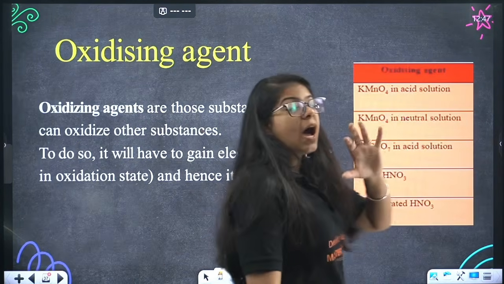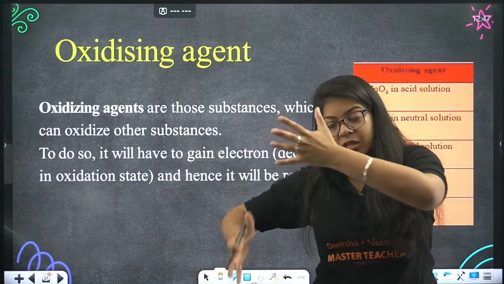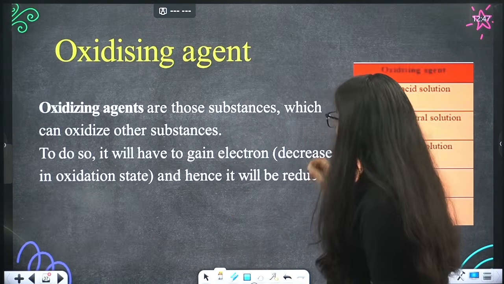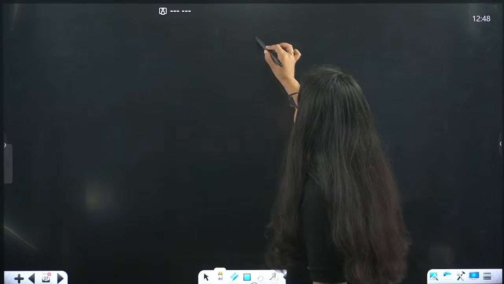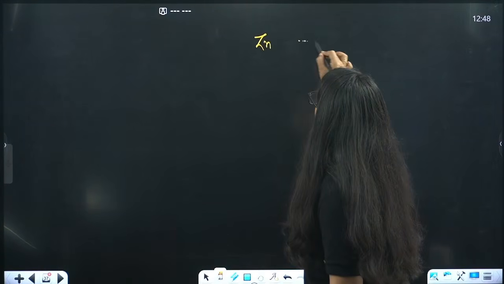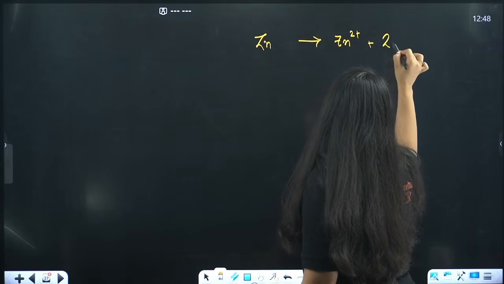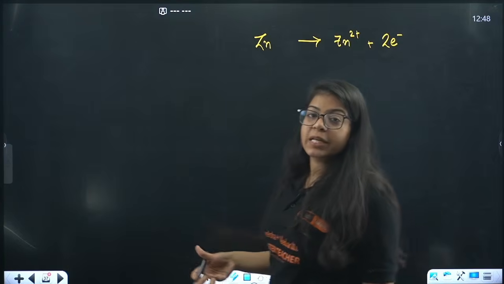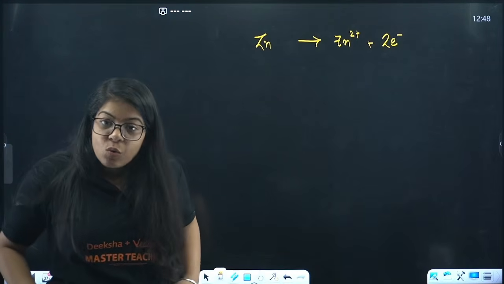These, beta, are those substances which can oxidize other substances. What do I mean by that? When I say that Zn lost electrons, Zn became Zn 2+ plus 2 electrons, it lost electrons, so oxidation happens. But it won't lose electrons on its own, right?